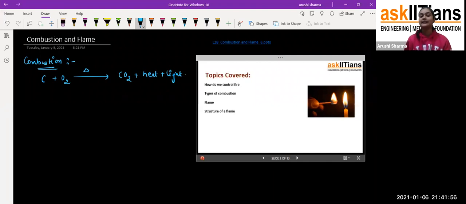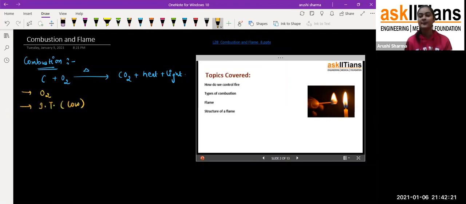Exactly, students, there is a release of carbon dioxide in the atmosphere, but combustion always takes place in oxygen. We have also discussed the conditions required for combustion. I hope you remember that point: we require a proper supply of oxygen, and we require the ignition temperature to be low.